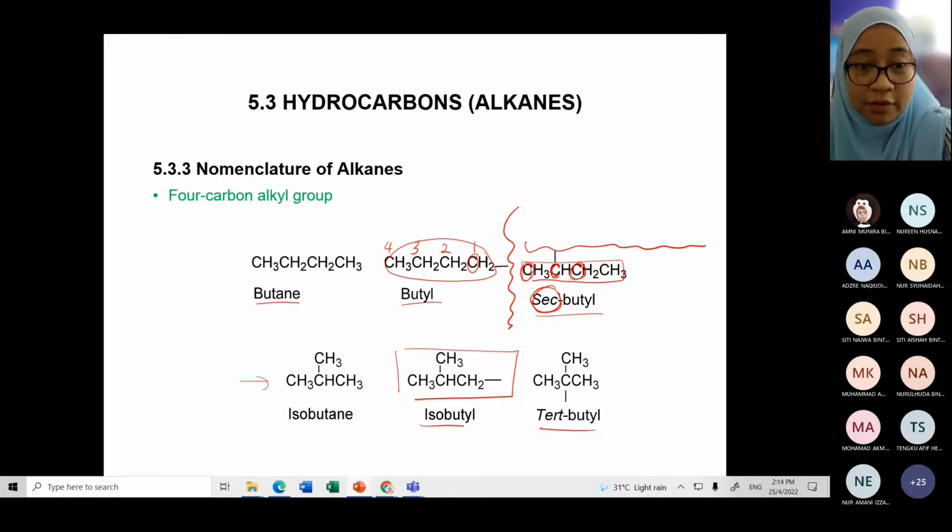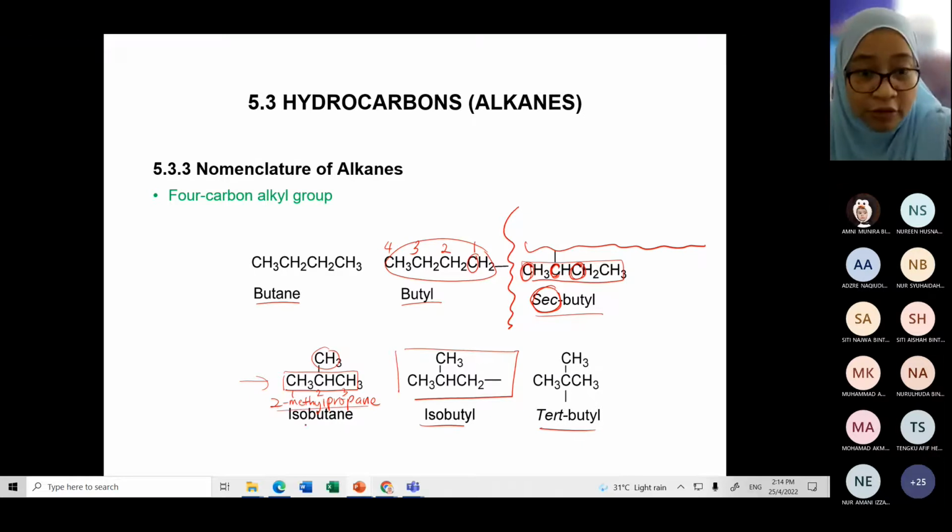Normally, if we name this based on systematic naming, following the IUPAC rules we learned earlier, the longest parent is propane. 1, 2, 3, and at carbon number 3 we have a methyl group, so 2-methylpropane.